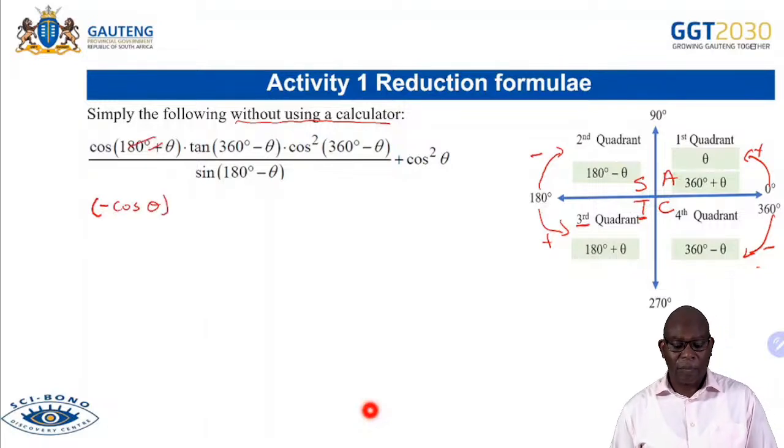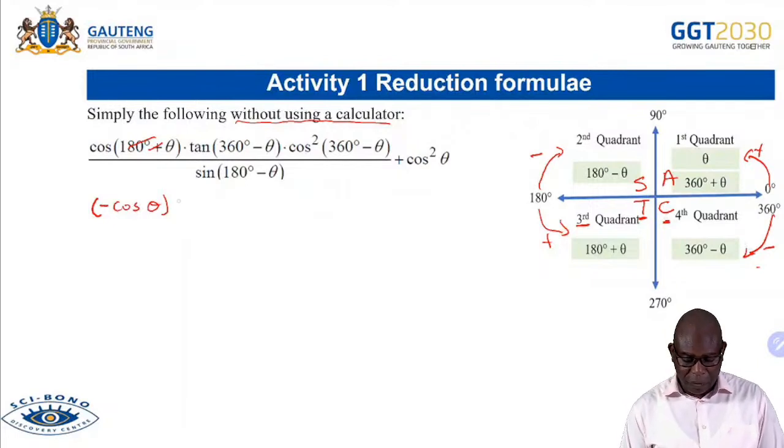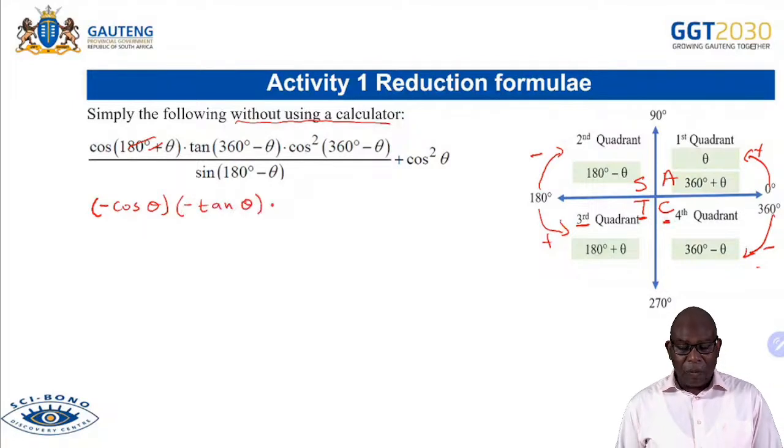180 is gone. The next one is tan of 360 minus. In the 360 minus, tan is negative, so I'm just going to write brackets. Please put a bracket, tan of theta. Once I see a square, the cos squared, I just immediately write it as cos squared of theta, because the sign will not change.